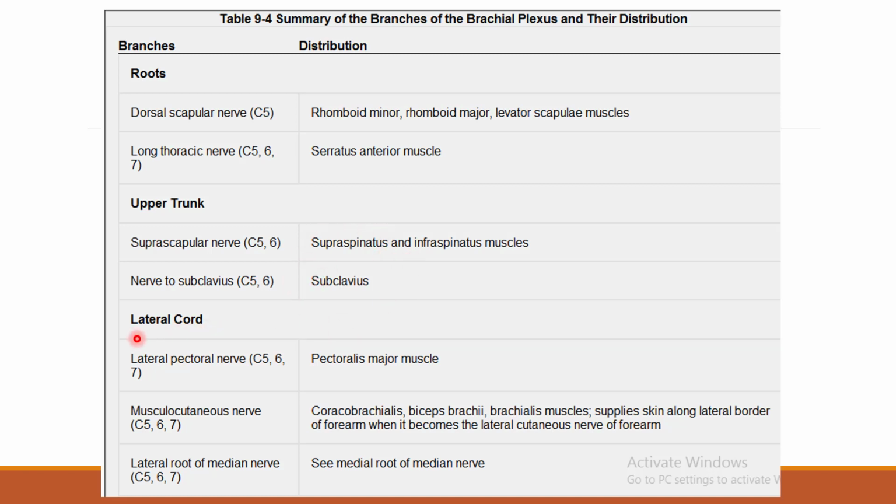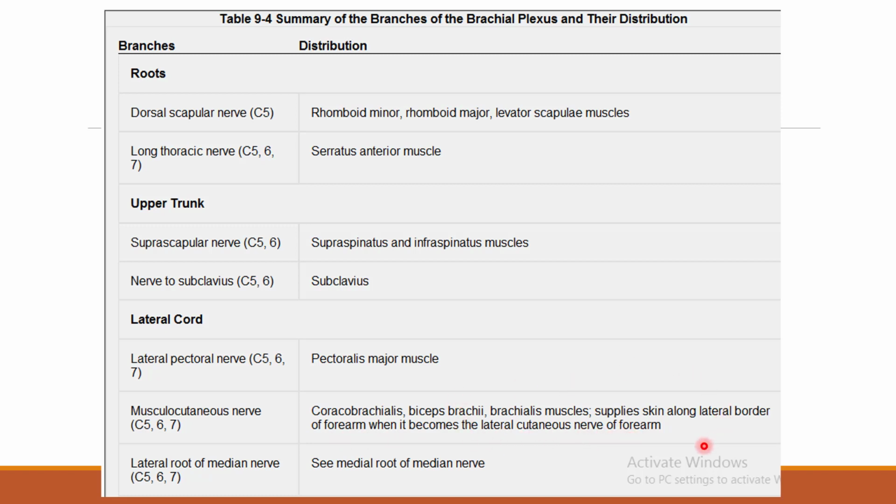Branches from the lateral cord are the lateral pectoral nerve from C5, C6 and C7. It supplies the pectoralis major muscle. Then the musculocutaneous nerve supplies the coracobrachialis, biceps brachii and the brachialis muscle. It provides the sensory nerve supply to the skin along the lateral border of the forearm when it becomes the lateral cutaneous nerve of the forearm.